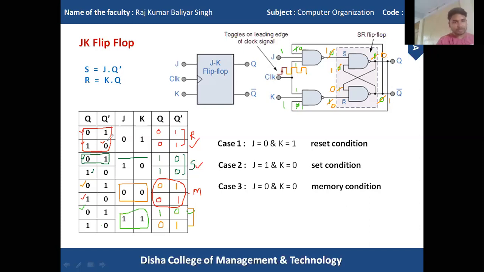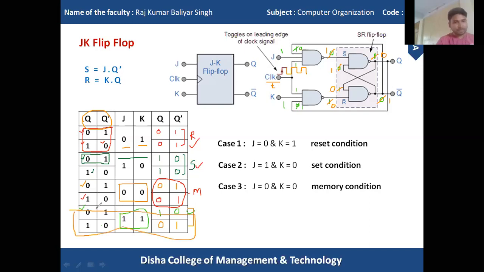But for the earlier case, if the clock cycle is changing from 0 to 1 or 1 to 0, with one clock cycle T, even if we change the value of Q and Q naught, we are getting the same output when J equals 1, J equals 0, K equals 1. But this thing is not happening for this case, it is totally different.